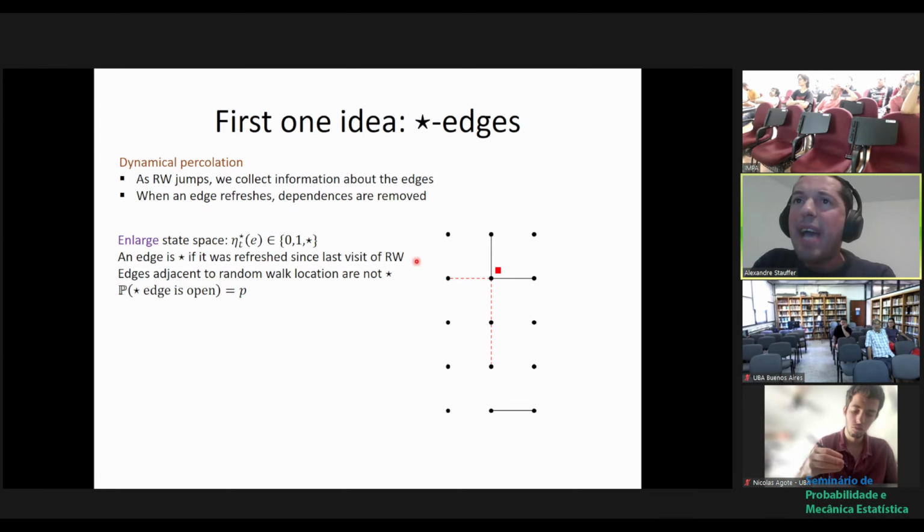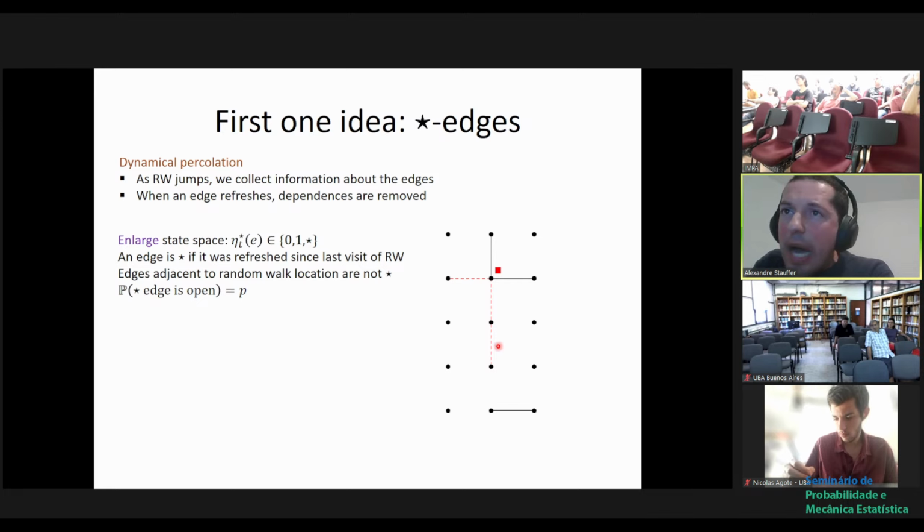Right? So I have an example here to the right. I have a piece of the torus, and here I'm drawing things differently. I'm drawing an open edge with a black line, a closed edge with a red dotted line, and I'm not drawing an edge if it's star. And the walker is this red square here. If this edge down here decides to refresh, then it just disappears from the picture.